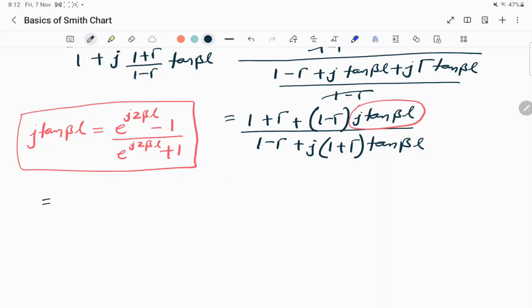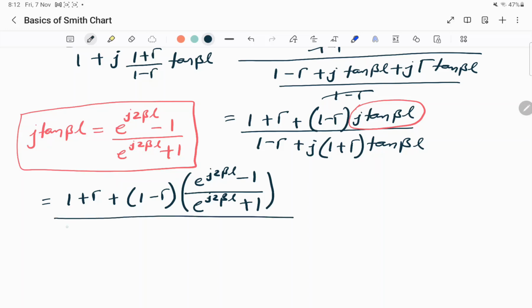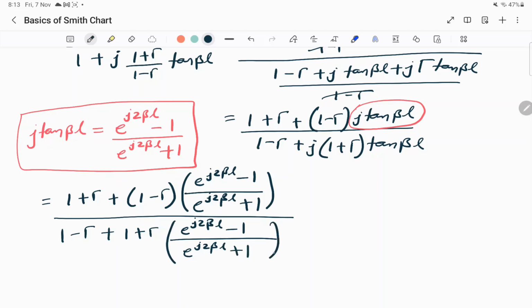So the formula will become (1 plus gamma plus (1 minus gamma) times (e to the power j 2 beta L minus 1) divided by (e to the power j 2 beta L plus 1)) whole divided by (1 minus gamma plus (1 plus gamma) into (e to the power j 2 beta L minus 1) divided by (e to the power j 2 beta L plus 1)).